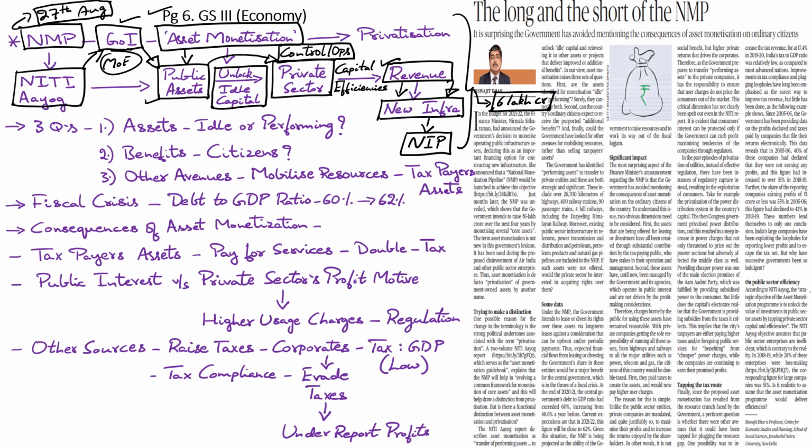However, the writer questions whether this asset monetization is just privatization under a different name. Because generally, the term privatization is politically very sensitive. So the writer critically evaluates the national monetization pipeline that has been proposed.